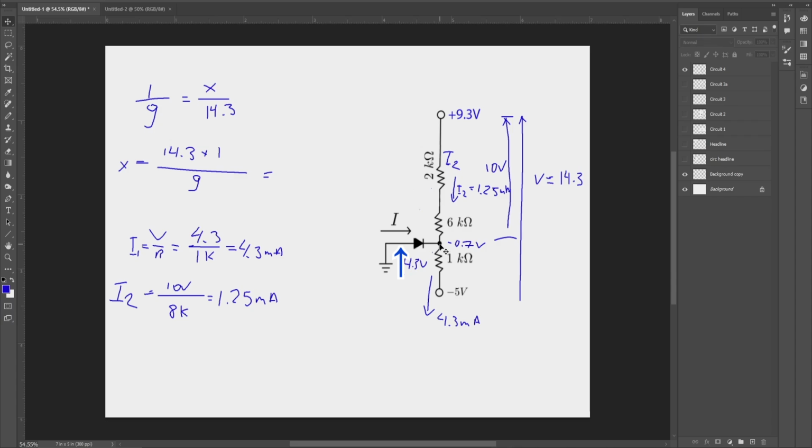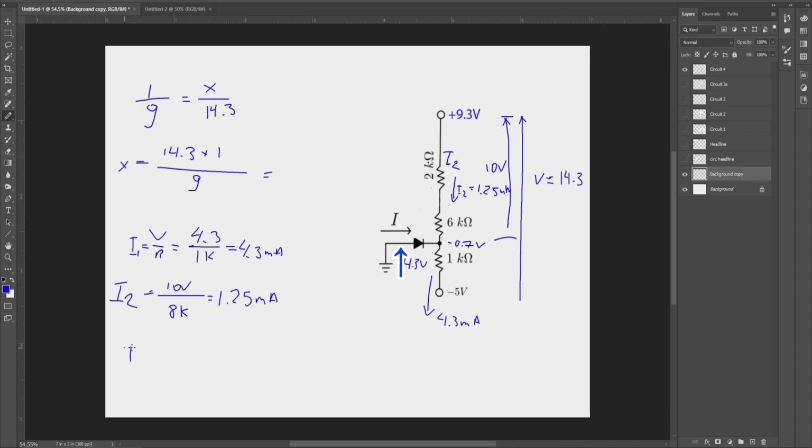Once the current leaves this node, it is this much. Well, the rest of that must be coming from here. Otherwise, Mr. Kirchhoff was wrong. So let's see what the difference is.